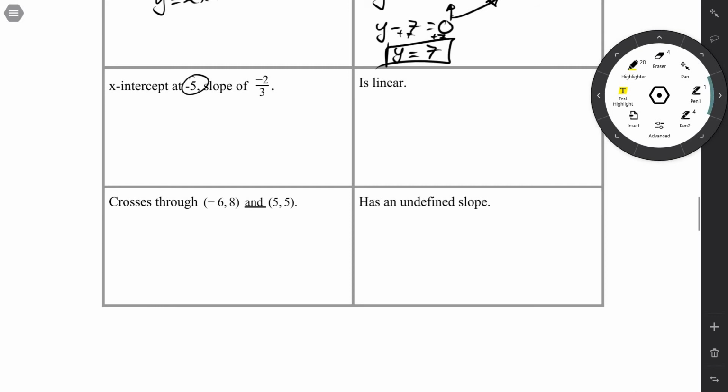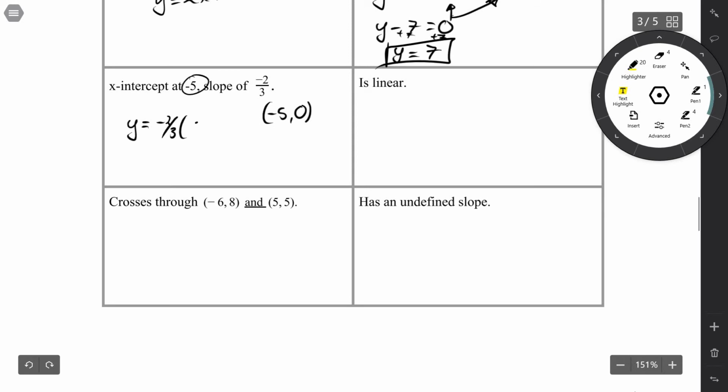So if the x-intercept is at negative 5, that means y is at 0, and the x is at negative 5. And then we can graph it out. Y minus 0, so we don't even really need to write that out. I'm just going to go y equals, let's see, negative 2/3 x plus 5. That checks out. All right, perfect.